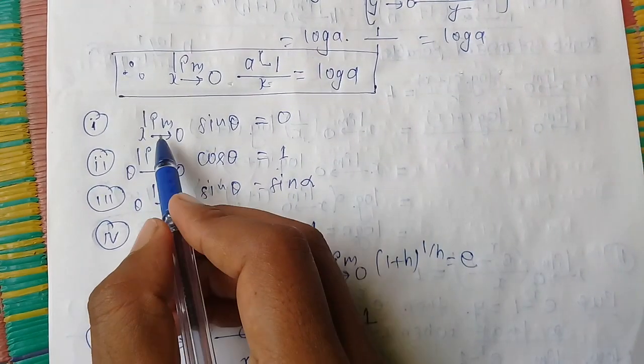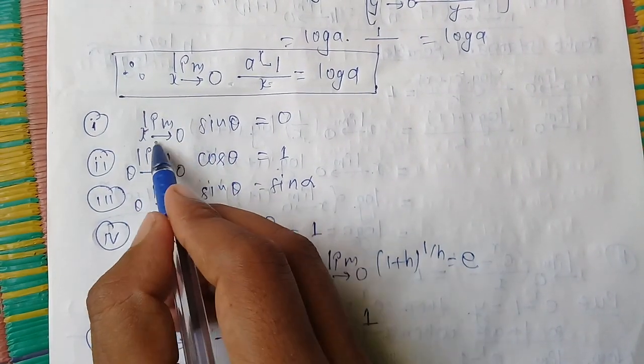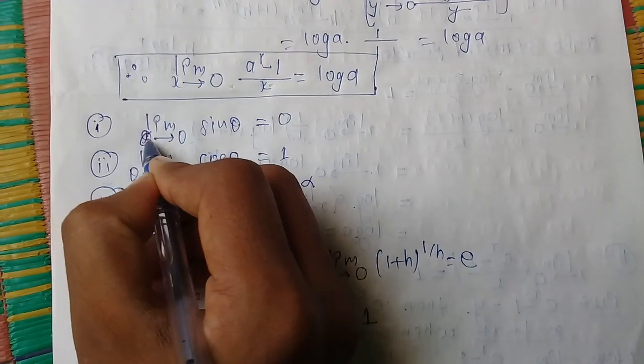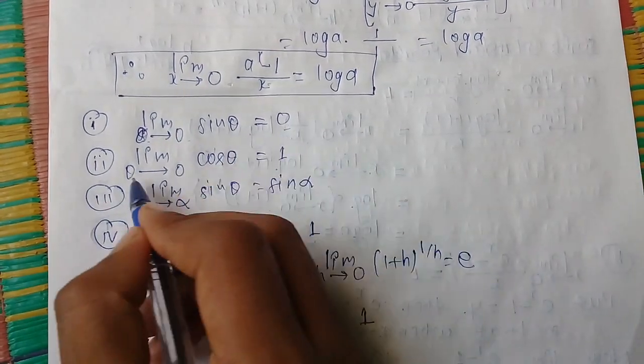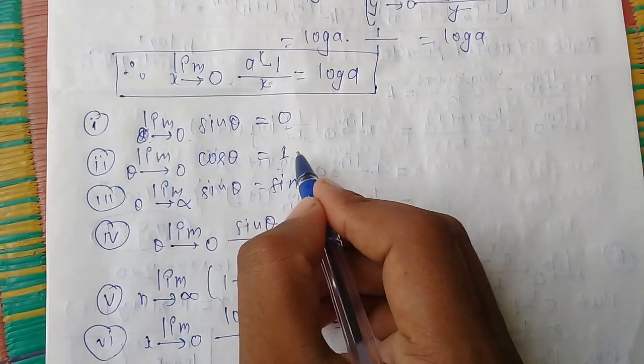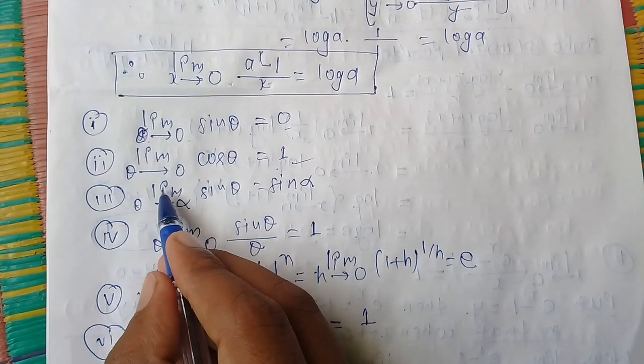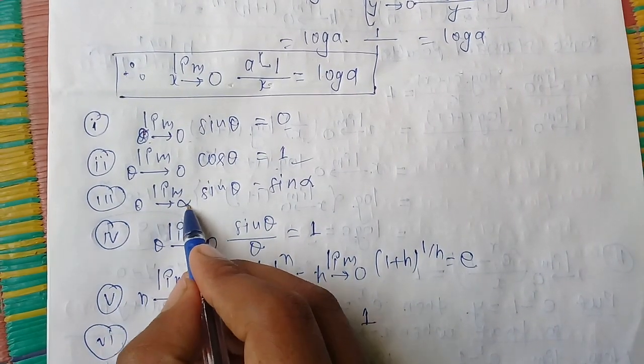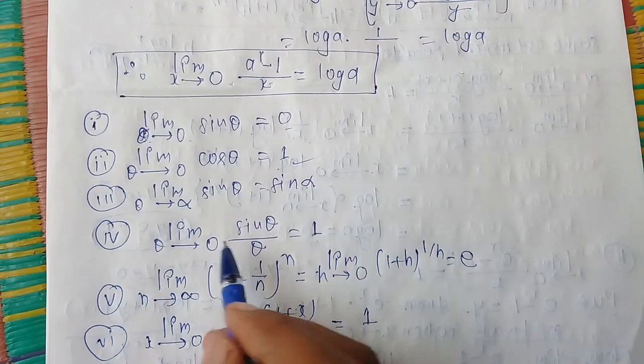Now some collections from this chapter. Limit theta tends to 0, sin theta is equal to 0. Limit theta tends to 0, cos theta is equal to 1. Limit theta tends to alpha, sin theta is equal to sin alpha.